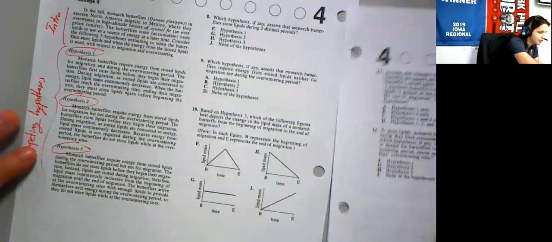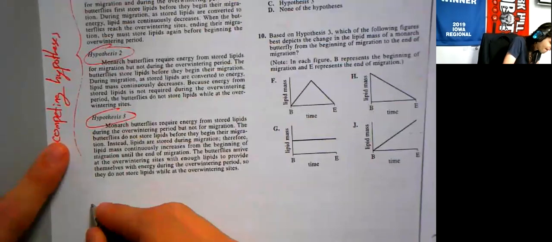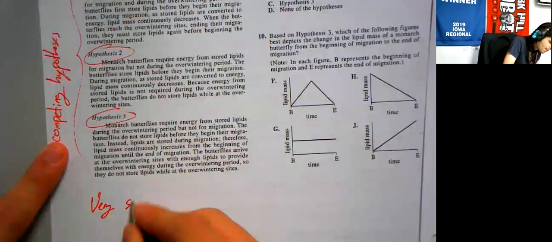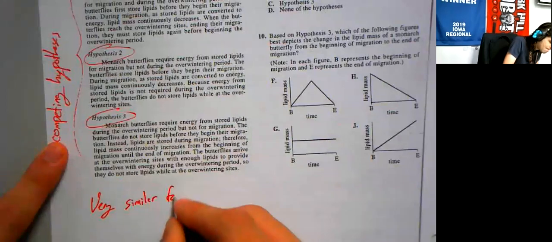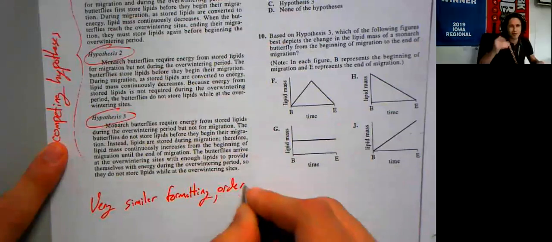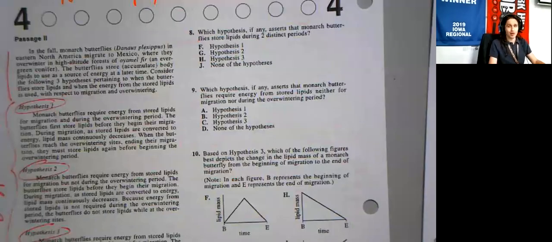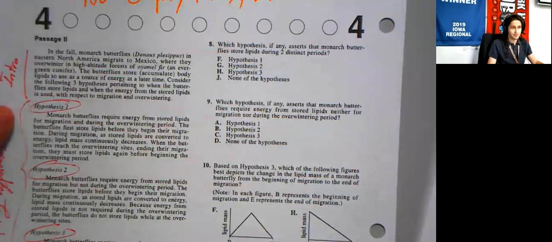You might notice that those 3 hypotheses have very similar formatting. They're going to talk about things in the same order, right? I'll leave that in your mind, then we'll see it play out. So I'm just going to jump right into questions. I'm not going to spend a lot of time digging through this.